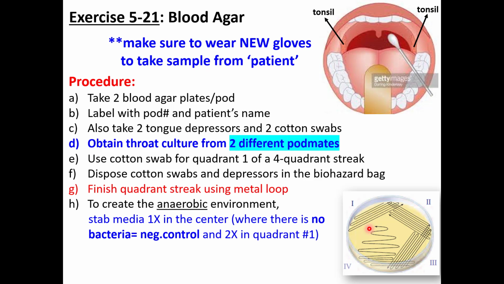So now, how are we going to create the aerobic versus anaerobic environment? Instead of having a chamber like we have used in the past to create an anaerobic environment, for this one we would actually take our loop and turn the loop like a little knife, and then cut the agar, because with this procedure we can create an environment kind of underneath the agar surface.